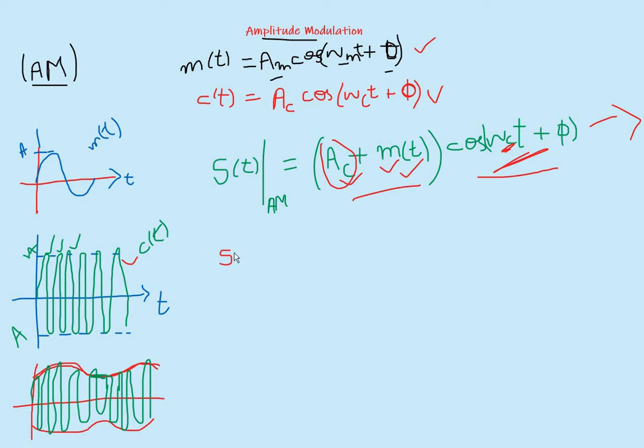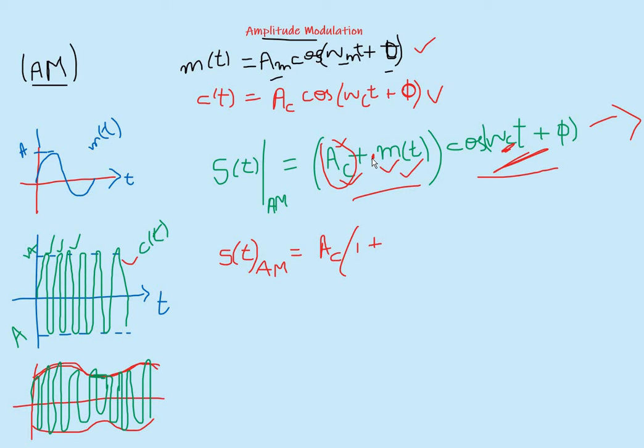For that, we take s of t and solve the equation. Take Ac outside the bracket, this amplitude of the carrier signal. After taking this Ac outside the bracket, we will get Ac into 1 plus, do we have Ac here?